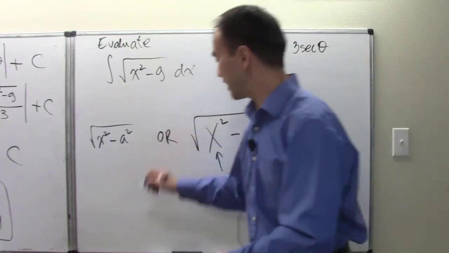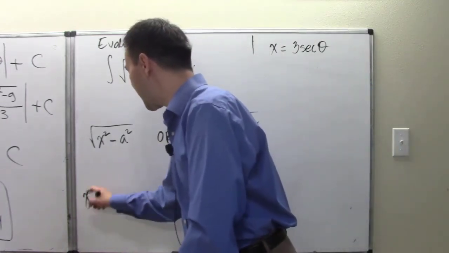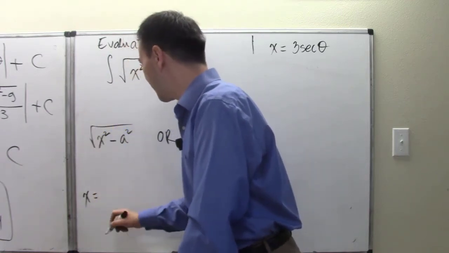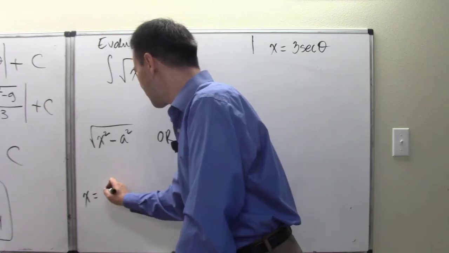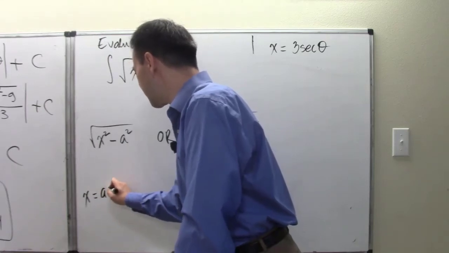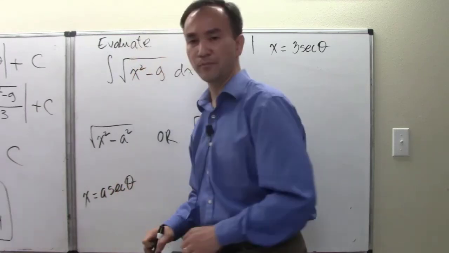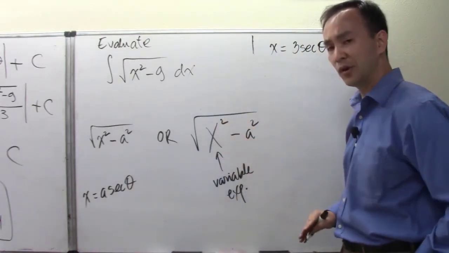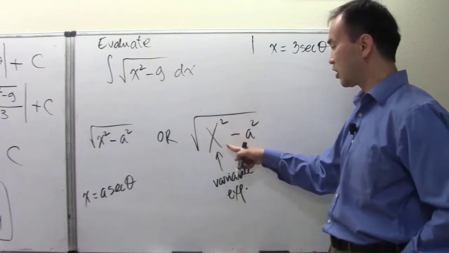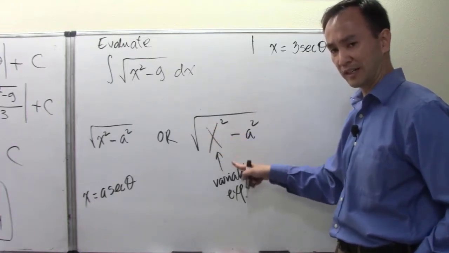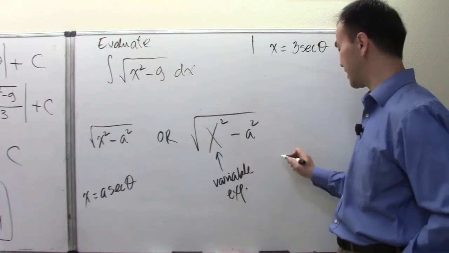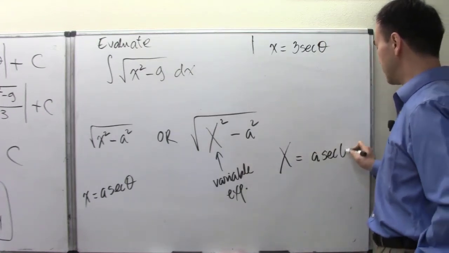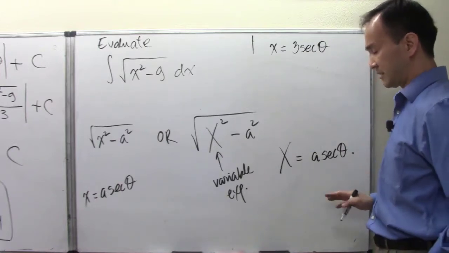And so anytime we recognize that, if it's just a simple x variable here, then we can let x equal a times secant theta. That's the simple case. If it's a slightly more complicated case where it's not only a single variable but a variable expression, then we take that whole variable expression and substitute it by a times secant theta, and then get the problem worked out.